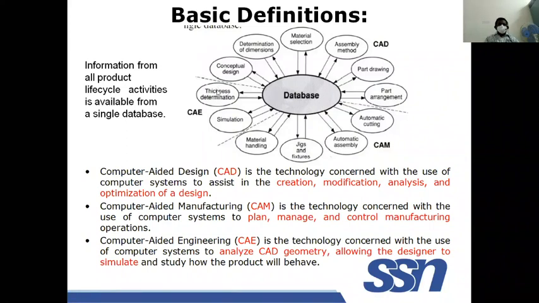CAE is optimization tools, you can say an ANSYS kind of analysis package. You can determine the dimension of the material, and you can simulate a real situation to check whether the component can withstand it or not. That checking is also possible in the simulation part. So this slide shows the basic definitions of the terms CAD, CAM, and CAE.